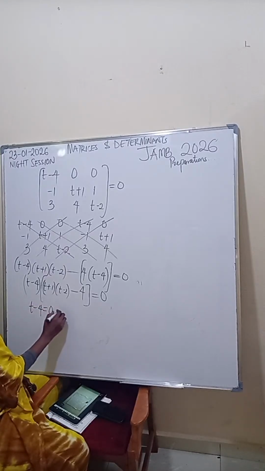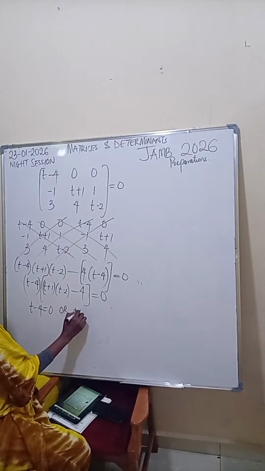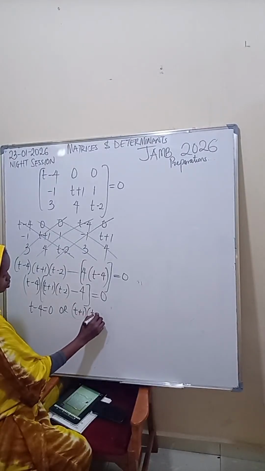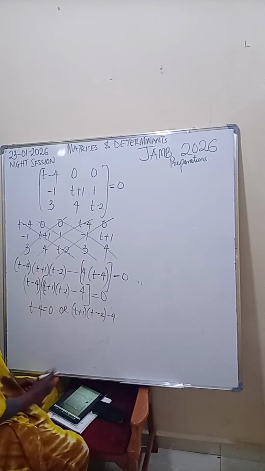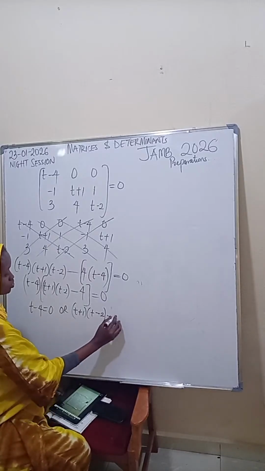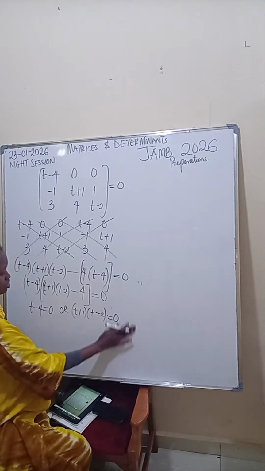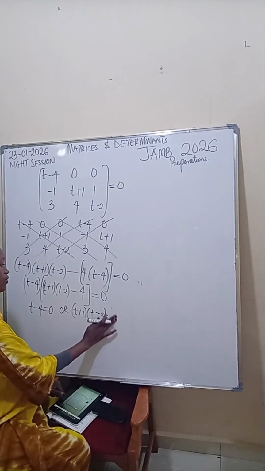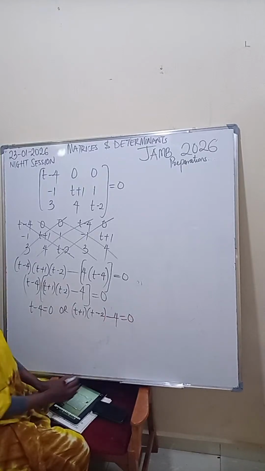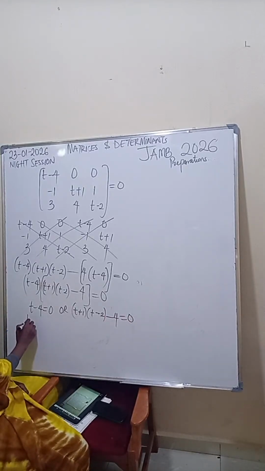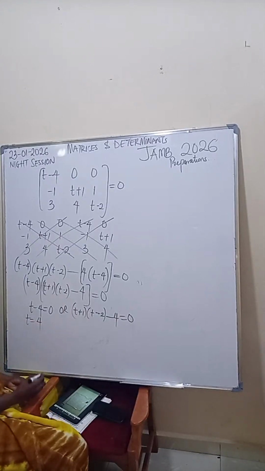Okay, t minus 4 equals 0, or t plus 1, t minus 2, minus 4. Am I to put the minus 4 there? No. This is equal to 0. Minus 4 equal to 0, right? Okay, so here already we have that t is equal to 4.